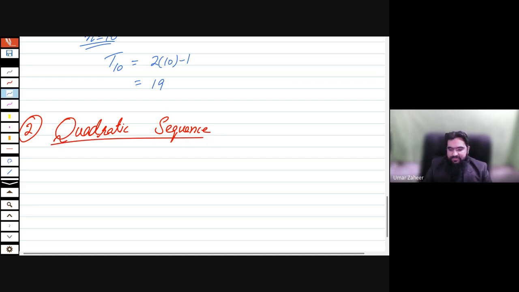In the quadratic sequence, basically the second line of difference is going to be the same. Now let's see how to take any quadratic sequence.